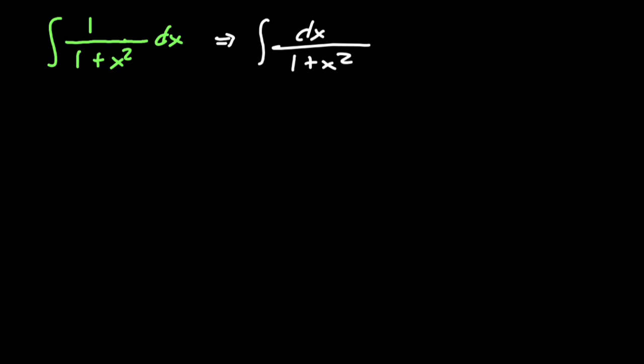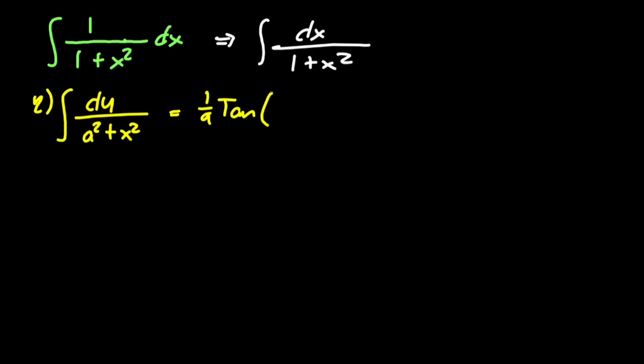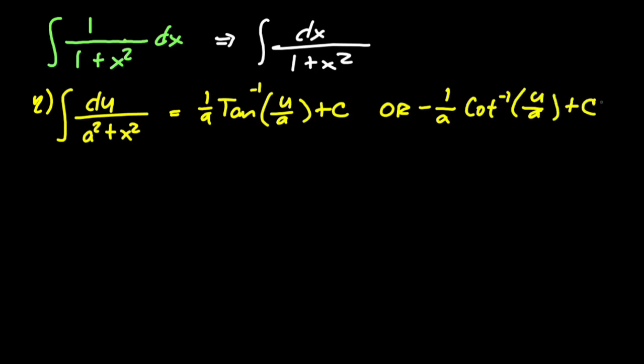Now, this corresponds to the second formula, wherein du over a squared plus u squared is equal to 1 over a arctangent multiplied by u over a plus c, or negative 1 over a arccotangent multiplied by u over a plus c.